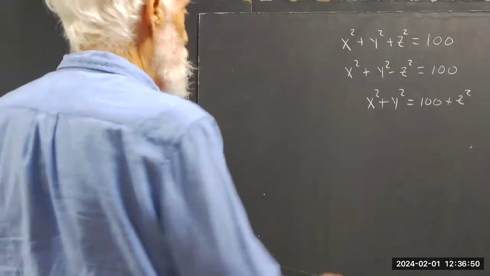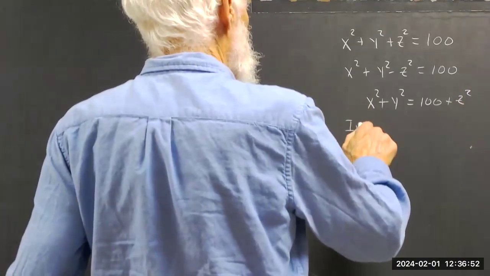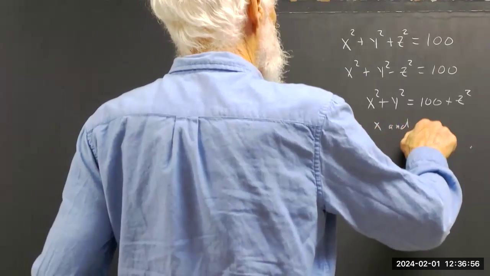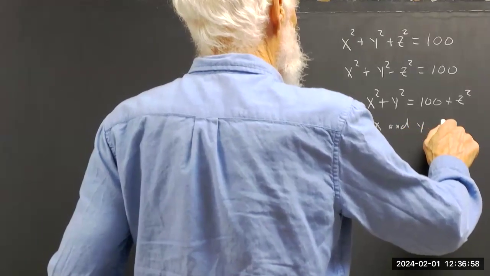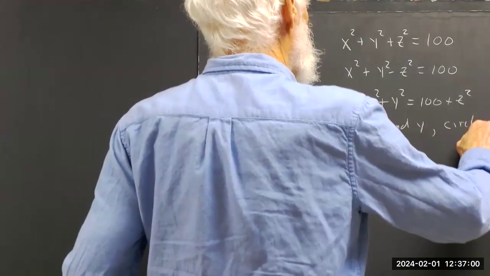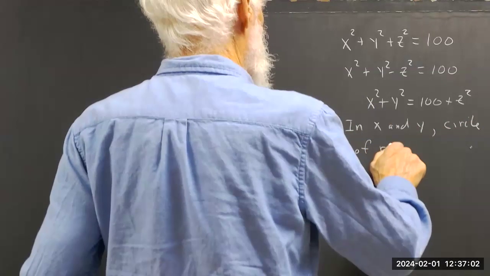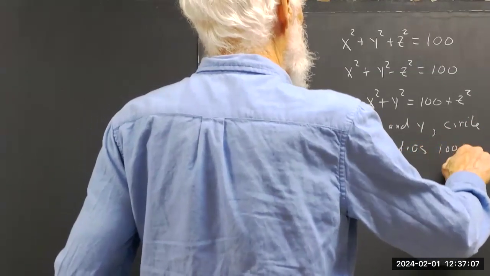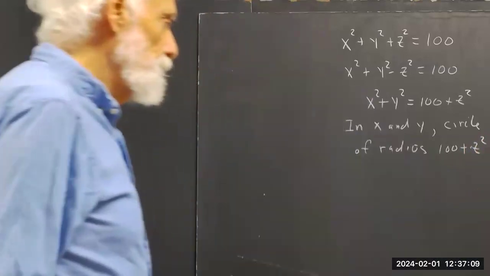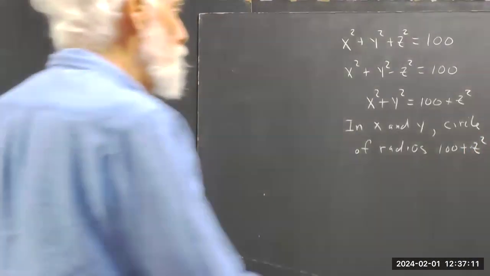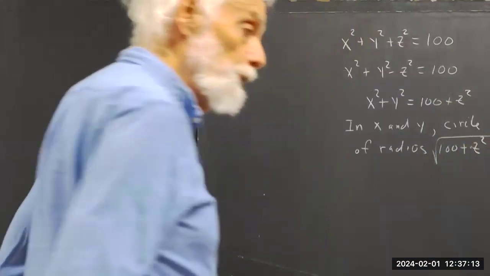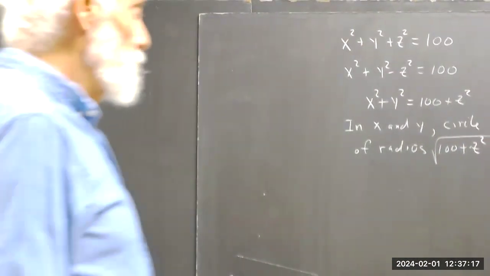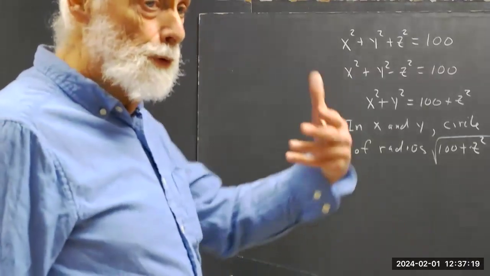In x and y, this is a circle. The radius is the square root of 100 plus z squared. Okay. So in a plane, z equals whatever.